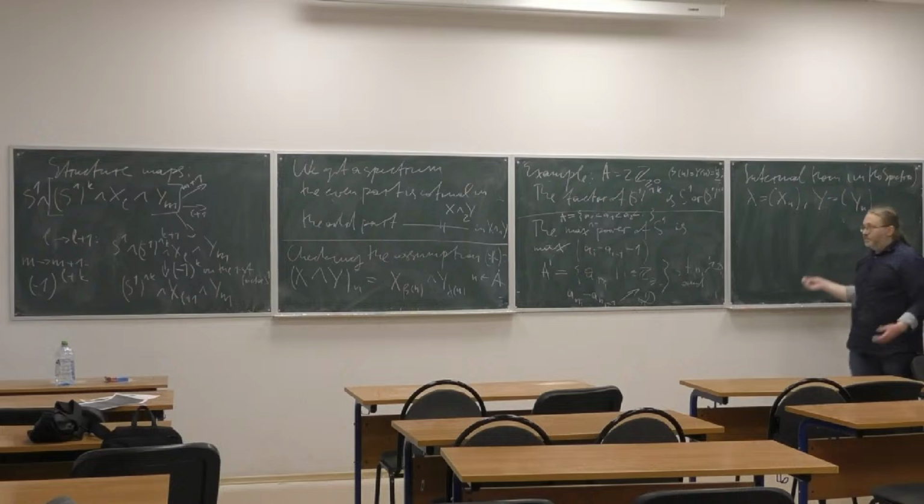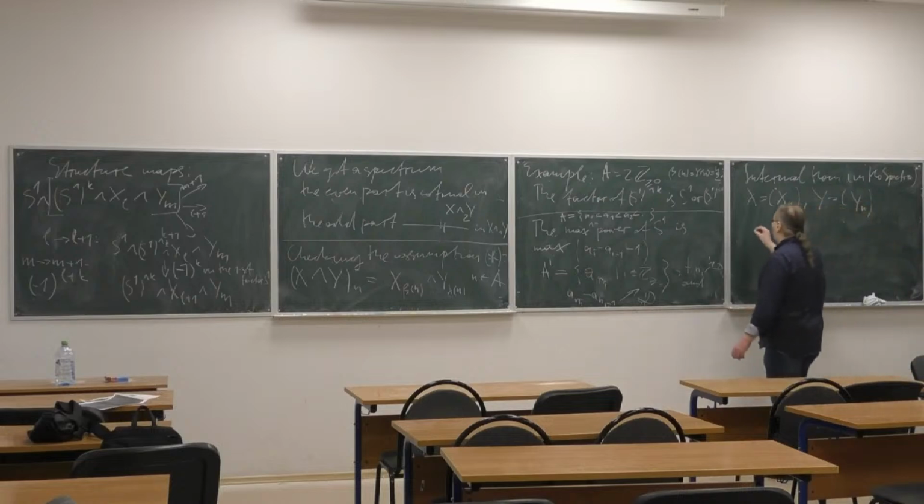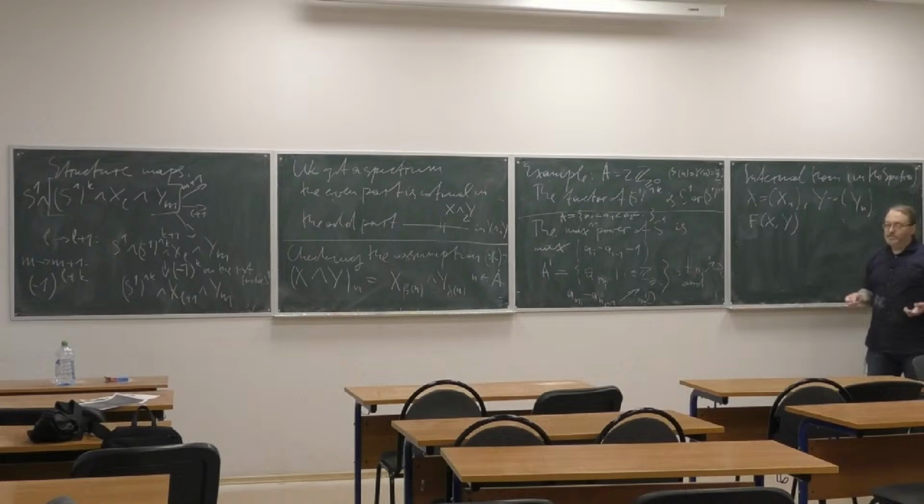We start with two spectra, and we want to define the internal Hom, which is usually denoted F(X,Y).